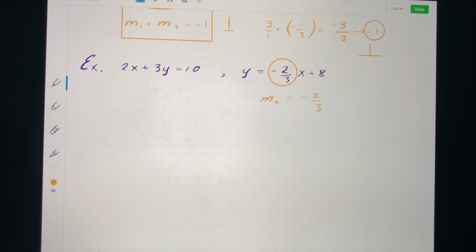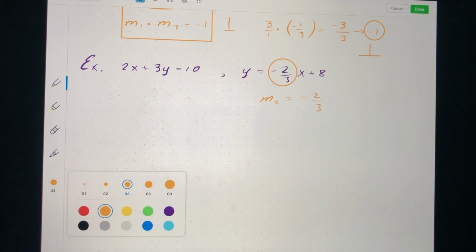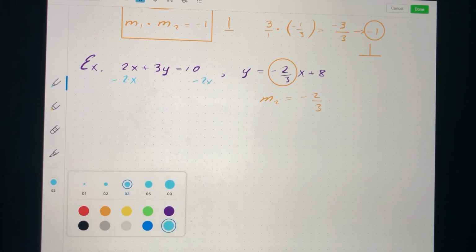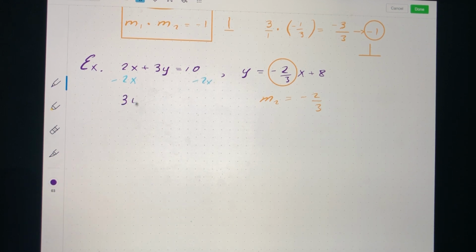And to find it, we have to solve this equation for y, and that means canceling 2x. We can subtract 2x from both sides, and that makes 3y equals 10 minus 2x. Now, to cancel multiplication by 3, we divide each term by 3.